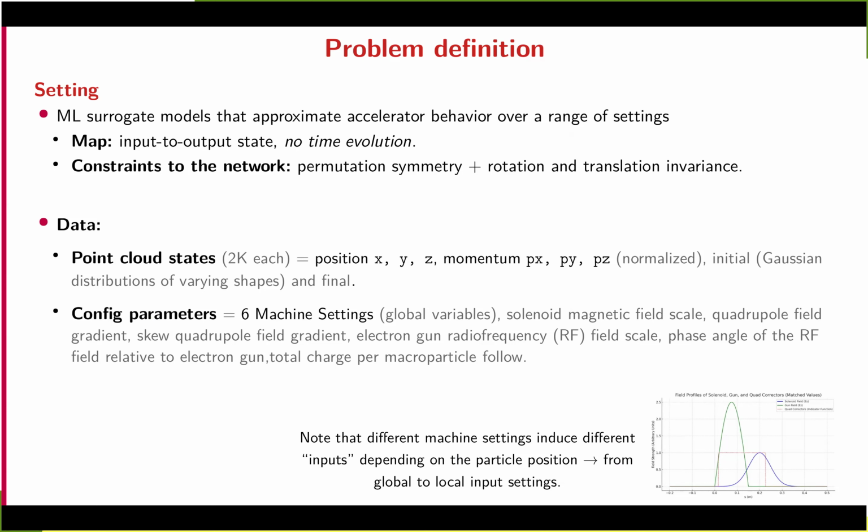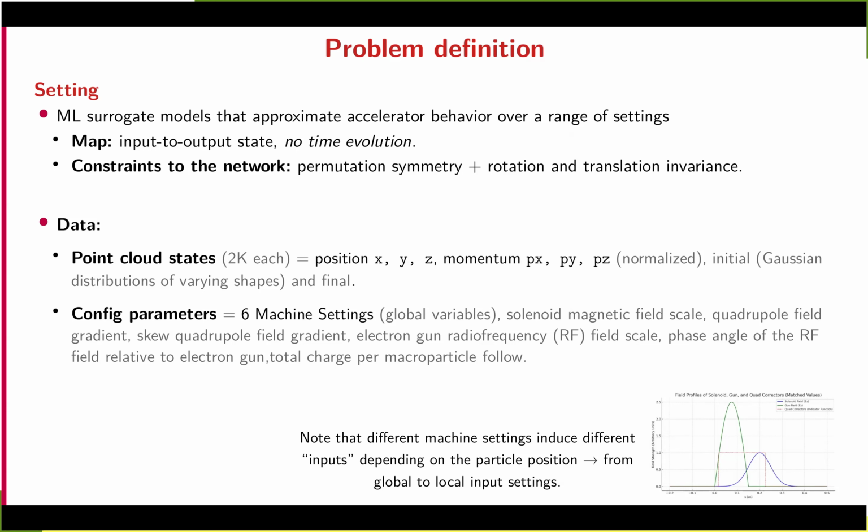What we've done so far is to find an input to output map where the input is the initial configuration of the particles and the output is the final configuration of the particles. We're working right now on an autoregressive architecture that also has time evolution. We prescribe permutation symmetry and rotation and translation invariance to the architectures, which is needed by the physics.